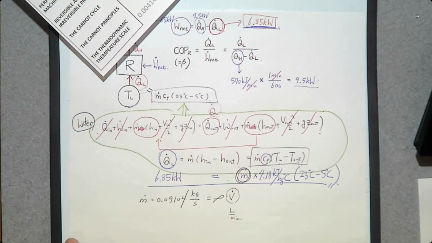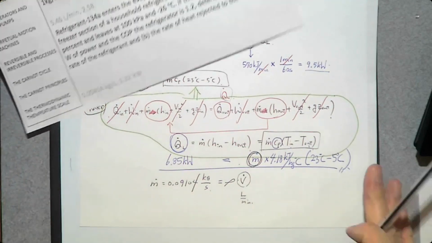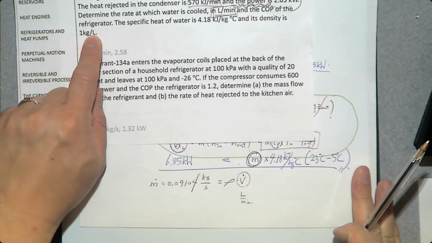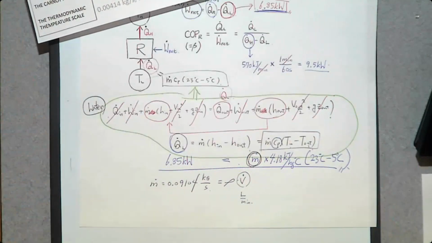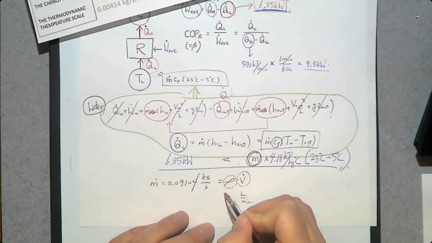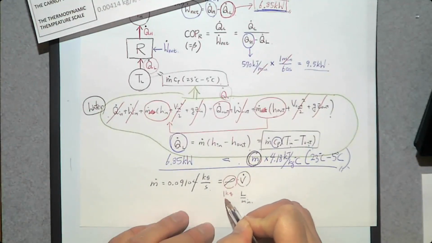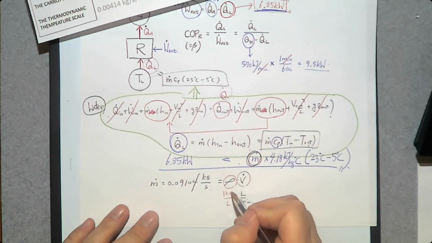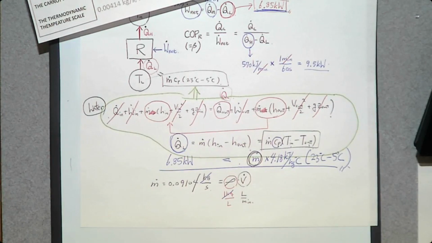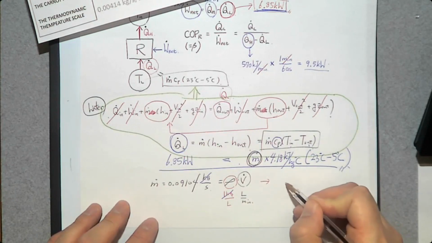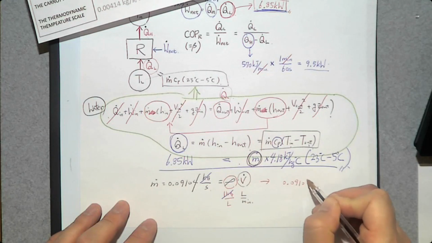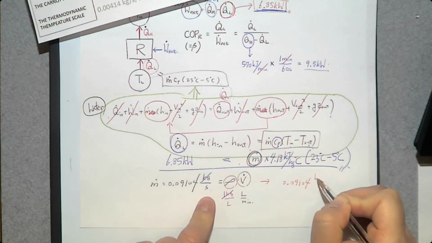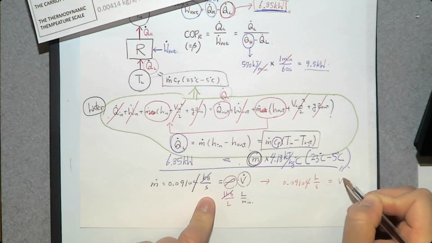Then what is the density? The density is 1 kilogram per liter. So we have kilogram, kilogram. If you move this density to the right-hand side, what we get is 0.09190 liter per second is V dot.